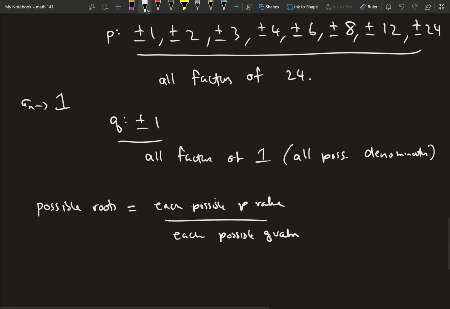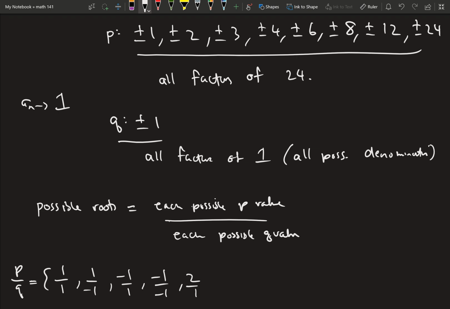So for example, in this case, I'm going to list it in detail right now, but it'll shrink down to a simpler situation. So we have positive 1 over 1. So p over q can be 1 over 1, 1 over negative 1, negative 1 over 1, negative 1 over negative 1, 2 over 1, 2 over negative 1, negative 2 over 1, negative 2 over negative 1.